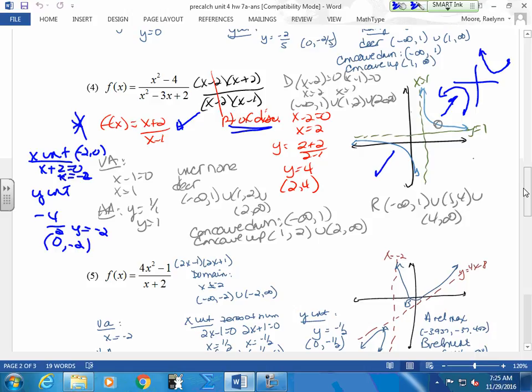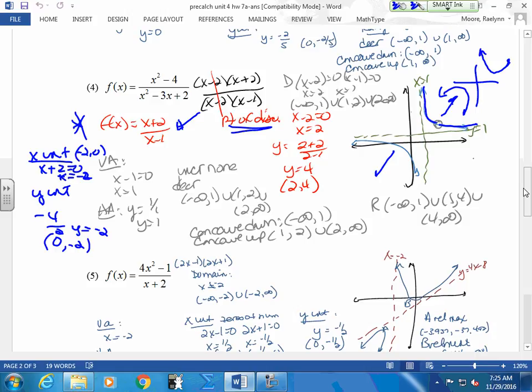So your concavity, just like your increasing and decreasing, always go by your x's. So my concavity says I would go from 1 to infinity. That would be my concave up here. However, I have to jump over this point of discontinuity. Technically I have to stop here, jump over it, and then continue. So it is not a continuous part of my function.